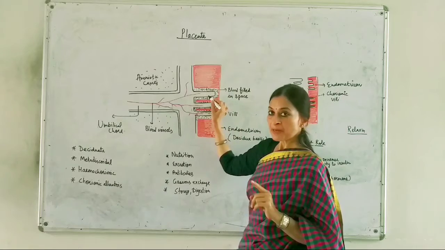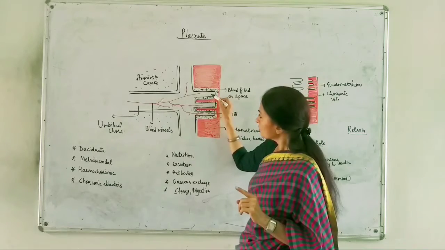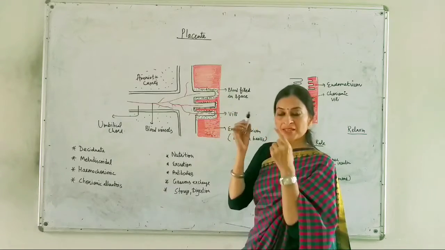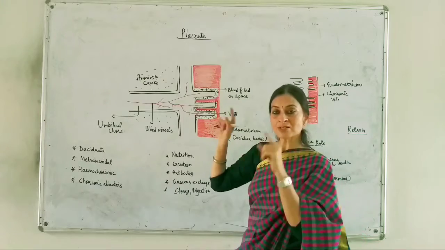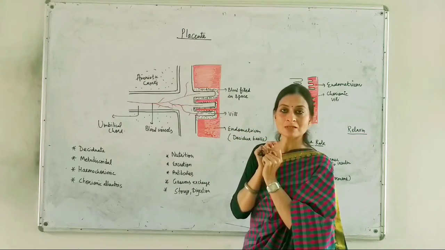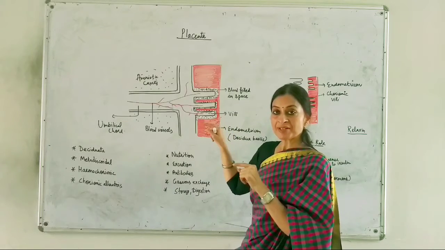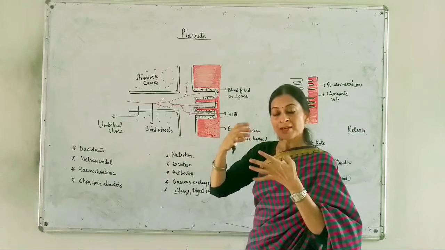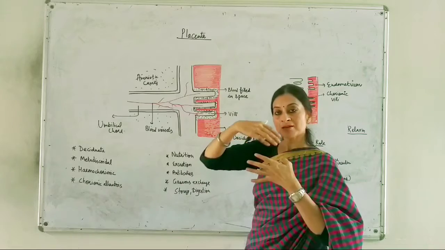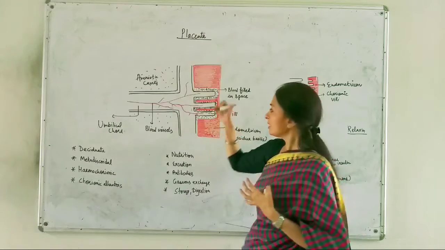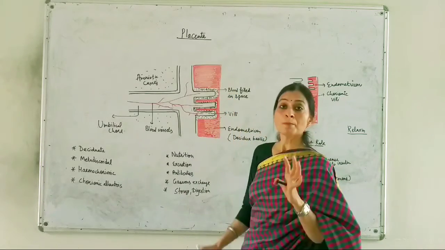This is eroded by the chorionic villi. Now you can see that the chorionic villi are surrounded by the blood which is filled in this cavity. The villi are floating, submerged in the blood of the mother.